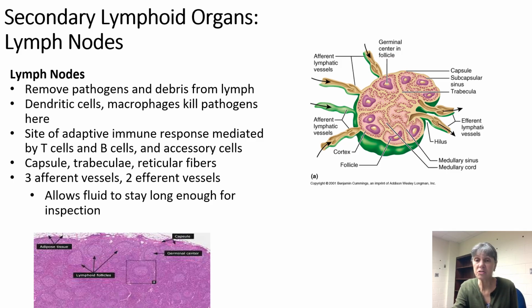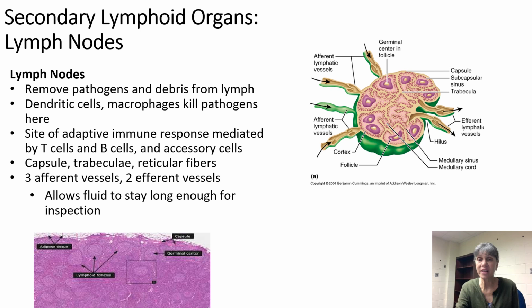There are also special spaces called sinuses through which the lymph will flow. There's a subcapsular sinus and a medullary sinus, and those sinuses are going to be the spaces where the fluid flows before it exits the lymph node through efferent lymphatic vessels.